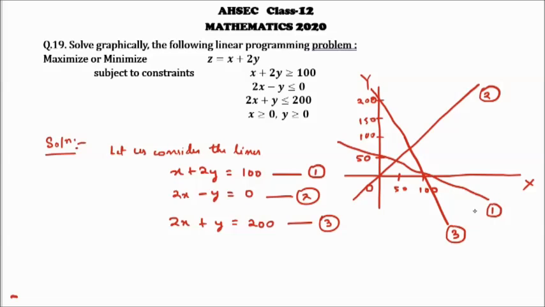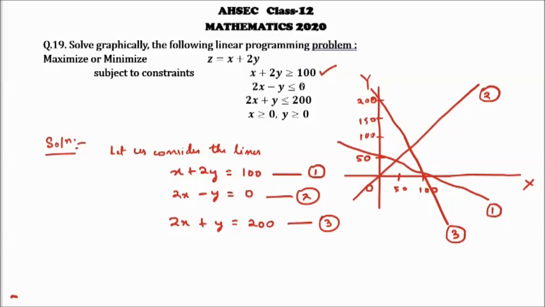Our next task is to find the region which satisfies all these inequalities. Our first equation corresponds to the first inequality. Now I have to find the solution region for this inequality.